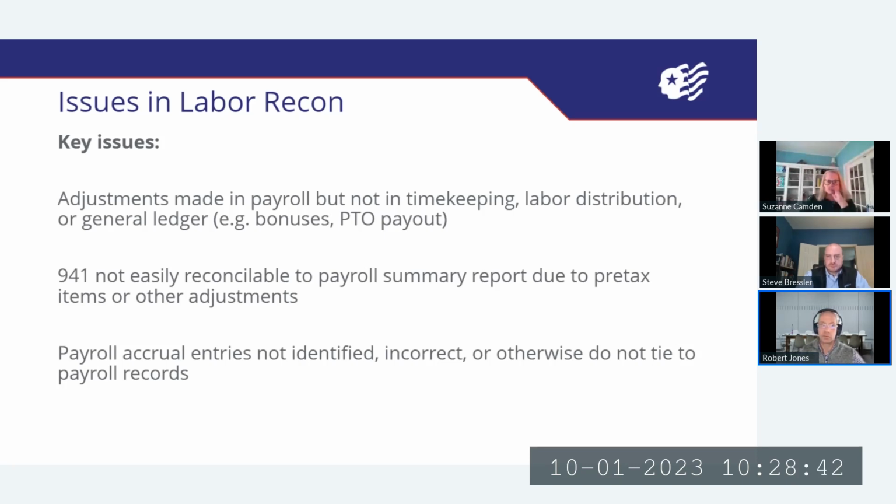Those should go into the base labor account, and all of the accruals go into a separate account. And then it's much easier to identify, for example, hey, do I have an issue in what was processed through timekeeping and labor distribution, or do I have an issue with how the payroll accrual was calculated, as an example.